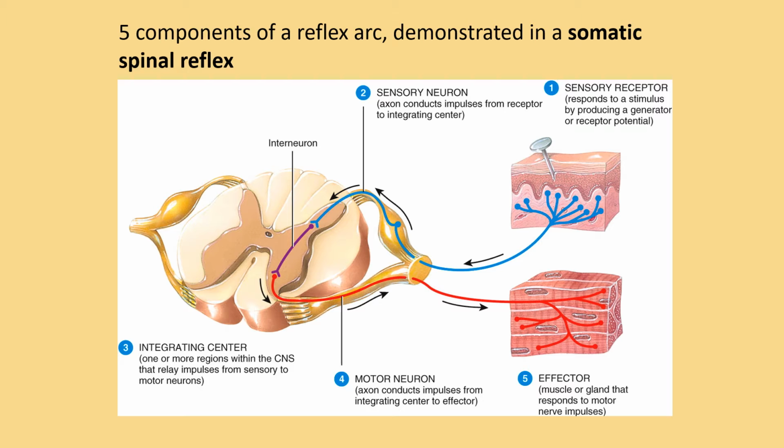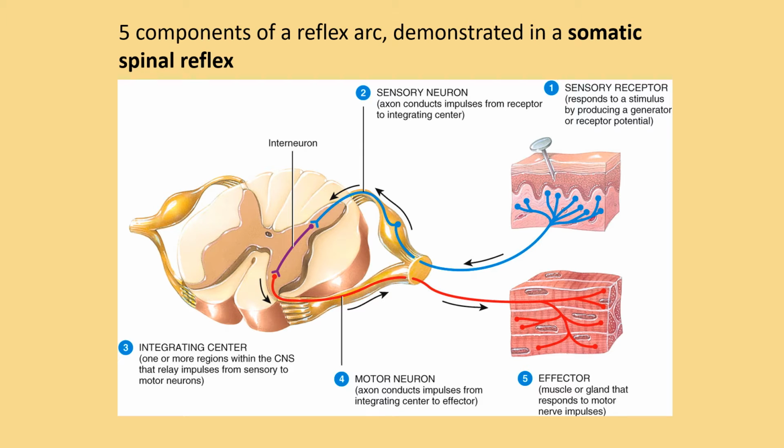And in the gray matter of the spinal cord, we see that sensory neuron synapses with an interneuron, and that interneuron synapses with a motor neuron. And so all of that cell-to-cell communication that occurs inside the spinal cord, that's all part of the integrative function of the nervous system, the integrating center of this reflex arc.